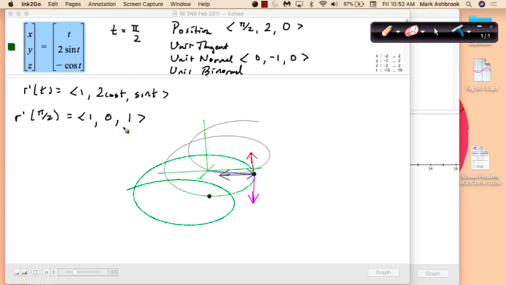No, because that has length greater than 1. So then we just need to make that a unit vector, and that's our unit tangent vector, which is 1 over radical 2 times that. Is it okay to have radicals in the denominator? Sure.